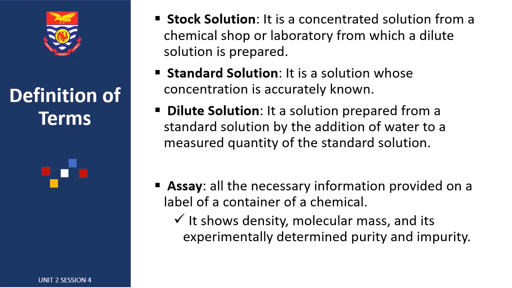So when you pick the container of a chemical, these are some of the things that you see. You see the density, the molecular mass, and its experimentally determined purity, as well as the impurities.